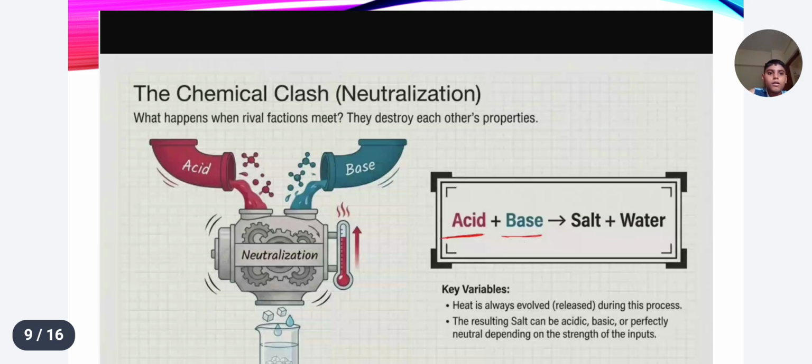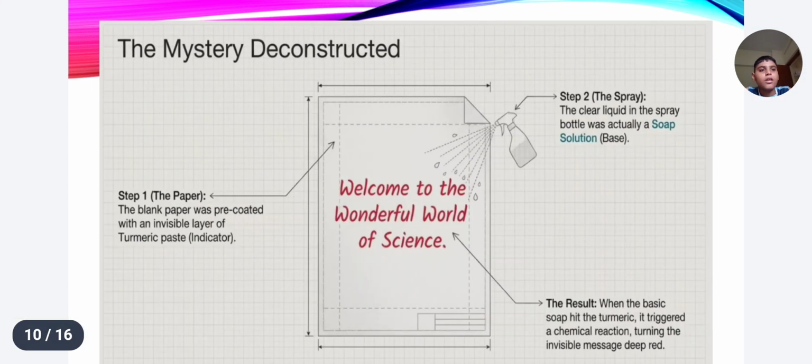If known are more and unknown are less, then known will be more, leading to a basic salt. And if they are perfectly same, then it will be neutral. Okay, neutral. Now moving on to the next.